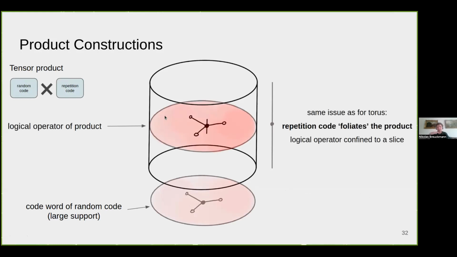So the repetition code essentially foliates this product space, and I use space very carefully here, since this is a random code, so there's no manifold associated to this. But again, we have the same problem that we had before with the torus.